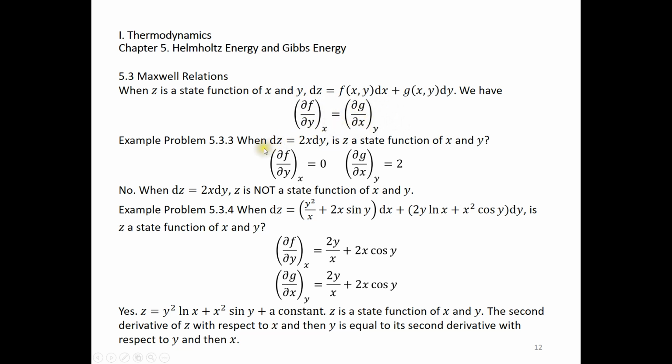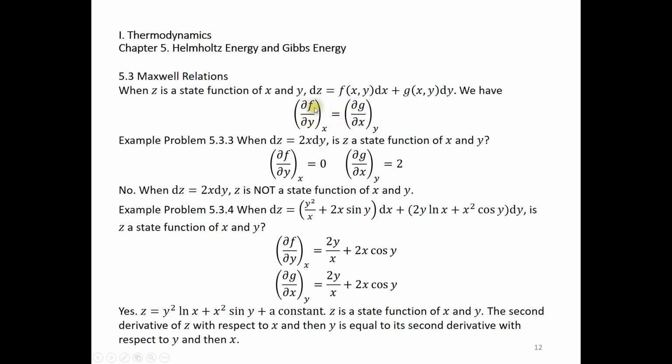Another example: if dz is just 2x dy, is z a state function of x and y? The answer is no, because we don't have any dx term, so f is 0, so this side equals 0, and then the partial of g with respect to x, the partial of 2x with respect to x, is just 2. 0 and 2 are different.